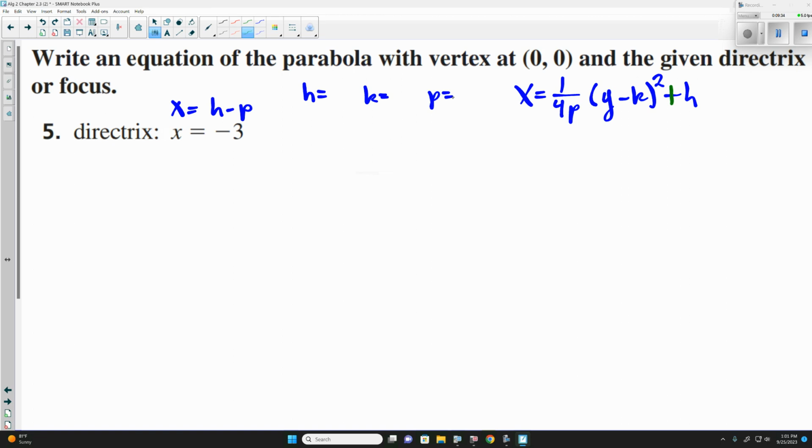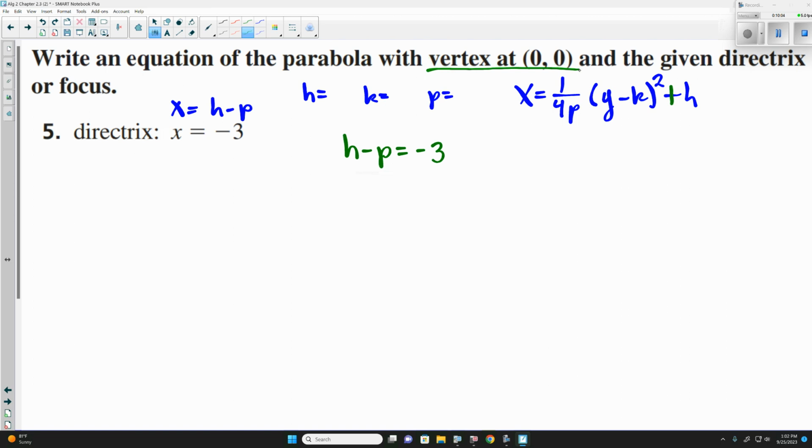And for any of these here, we still need to know the value of h, k, and p. And we do have a way to solve for the value of p, because h minus p is equal to negative 3. Now, what are the values of h and k? How do we know they're 0, 0? Because it's told to us in the instructions that the vertex is at 0, 0.